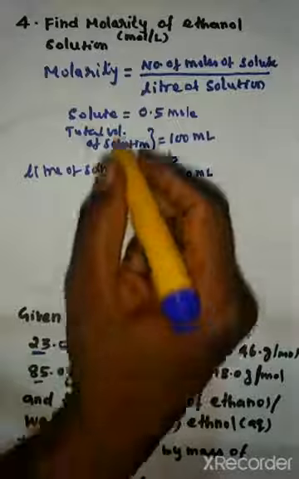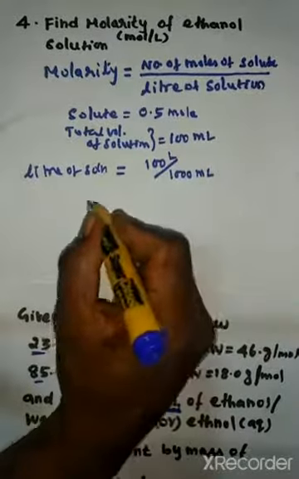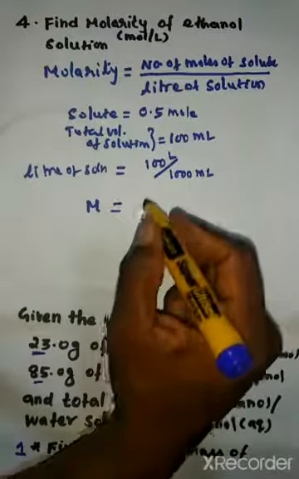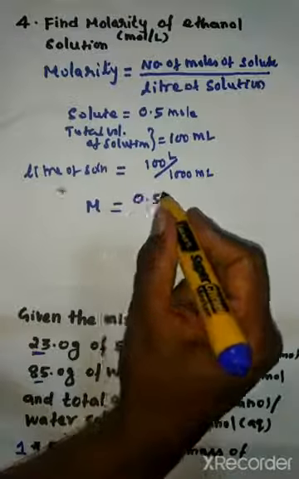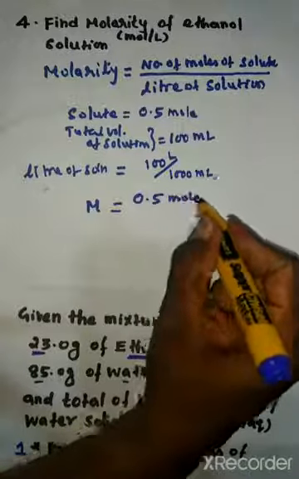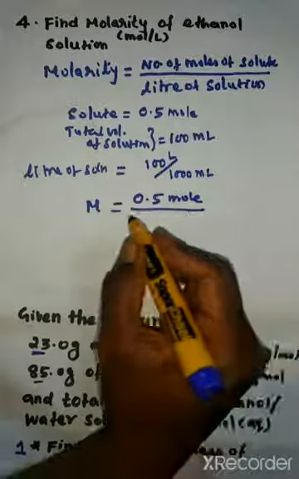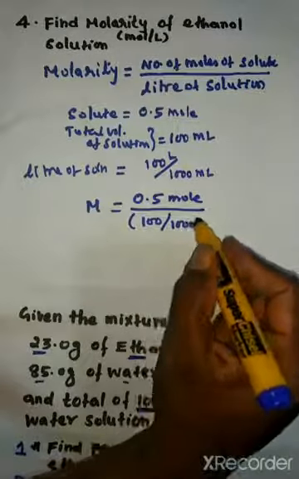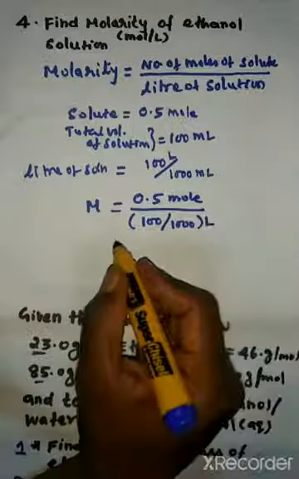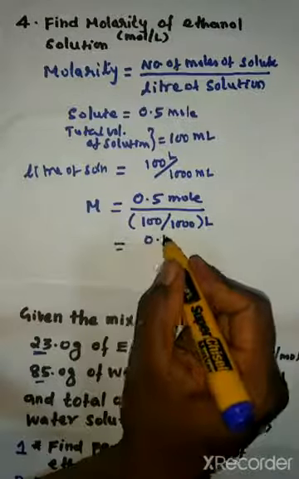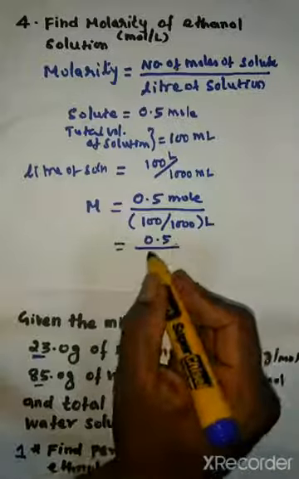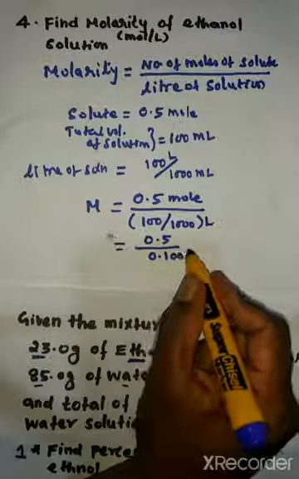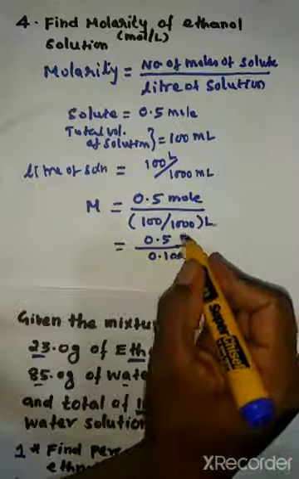Now we can calculate the molarity. We know the number of moles of solute, 0.5 mole, divided by 0.100 liter.